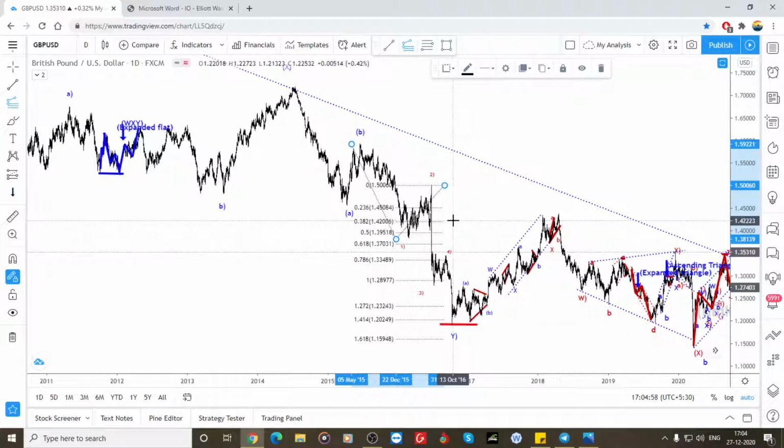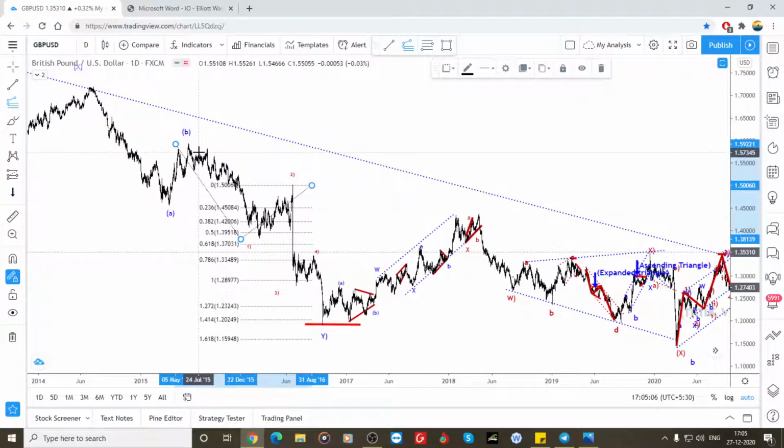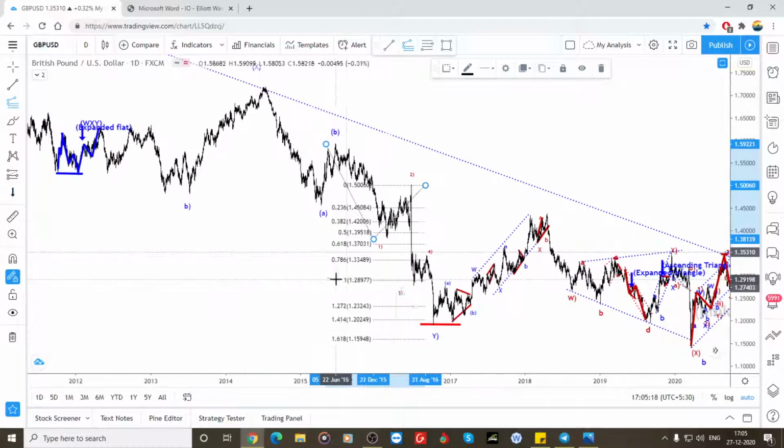Once we get the target, we have to watch how the wave formation is going. Here it is very slow. Wave 1 is bigger, wave 2 is small, wave 3 is also a little bit looking like another fall. Even though it is not looking like a third wave price action.